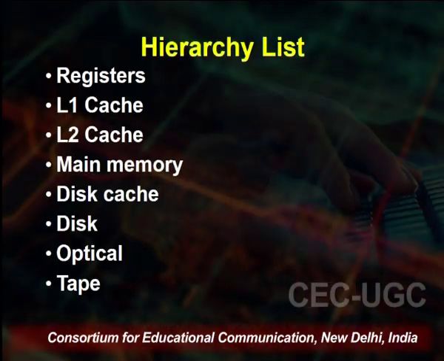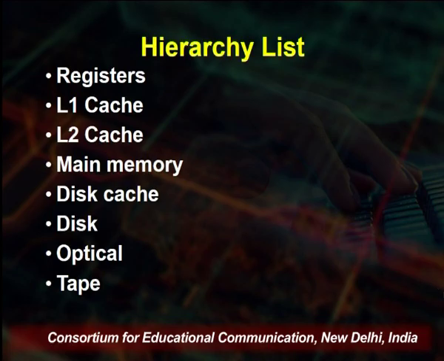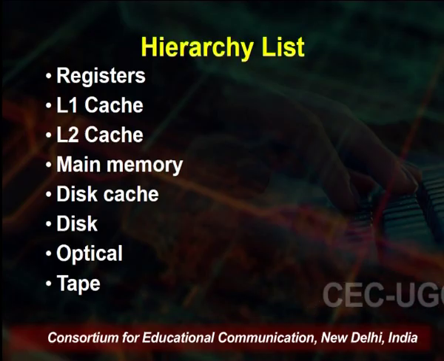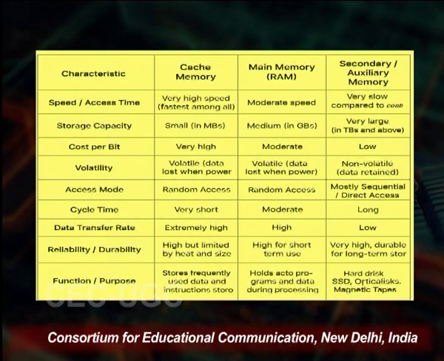In the hierarchy list, registers are at the topmost, the smallest and the fastest, whereas magnetic tape is the largest in capacity, obviously the slowest in access rate. This is a comparative table of how the cache memory, the main memory and the secondary memory can be compared on the basis of most of the aspects that we've discussed: the speed, the capacity, the cost, the visibility, the volatility, the access mode, the cycle time, right up to the function and the purpose of each one of them.